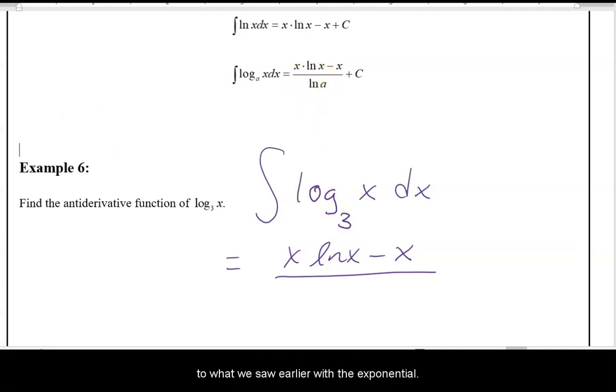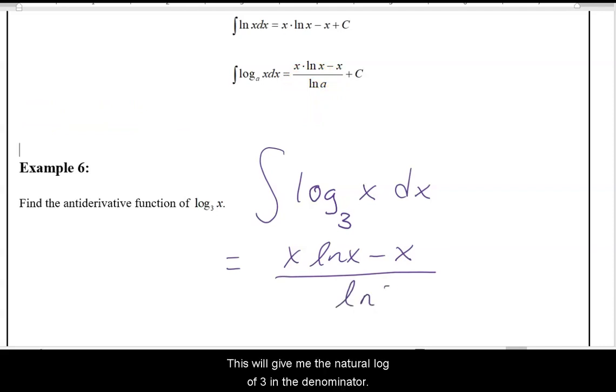This is similar to what we saw earlier with the exponentials. This will give me the natural log of 3 in the denominator plus a constant. That's all I need to do to take care of that one. There's really nothing else involved in doing that. It's simply apply the formula and try not to make mistakes with the negative signs.